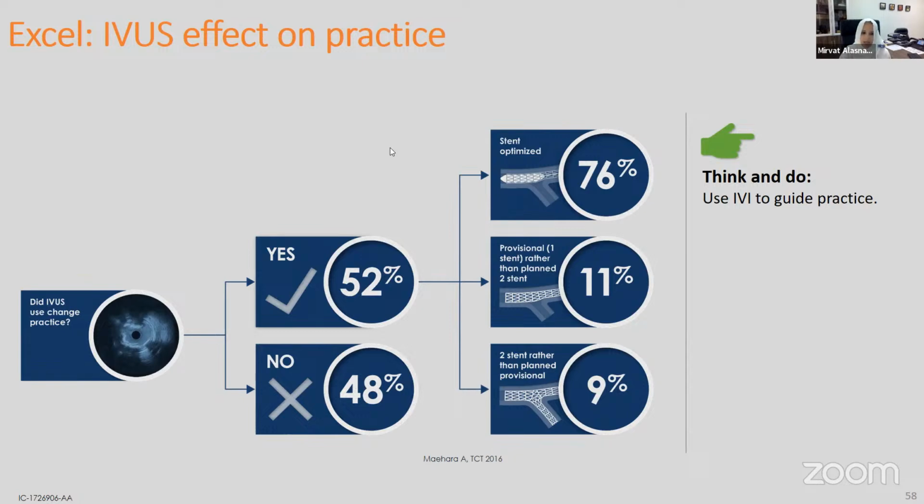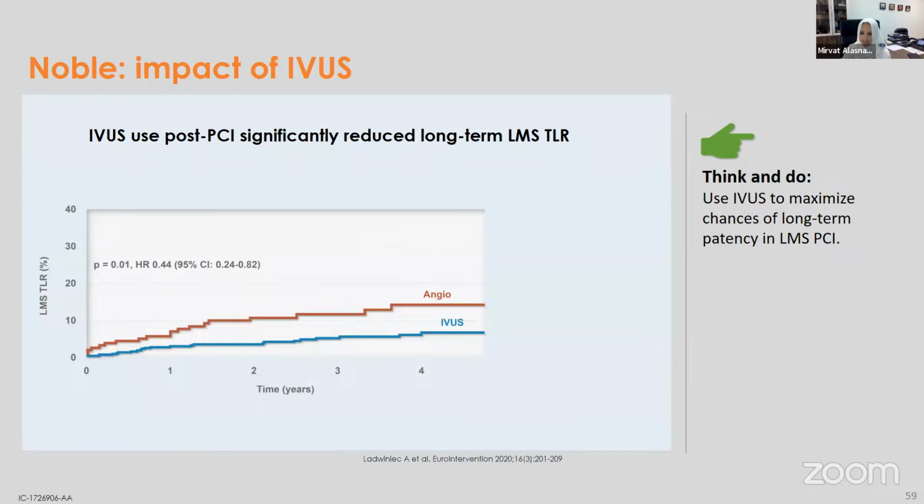The next trial was the Nodule trial, and unlike the XL trial, Nodule investigators did not find that PCI was comparable to coronary artery bypass grafting in left main vessels.